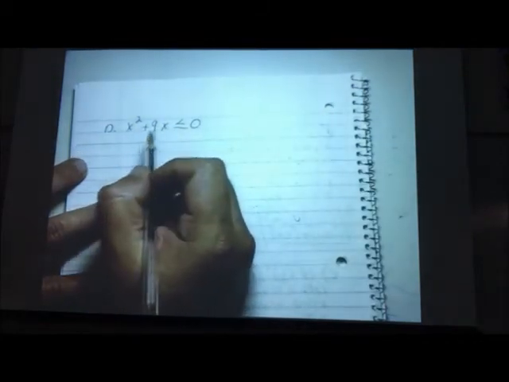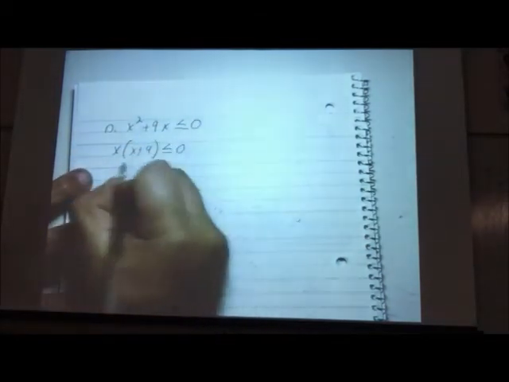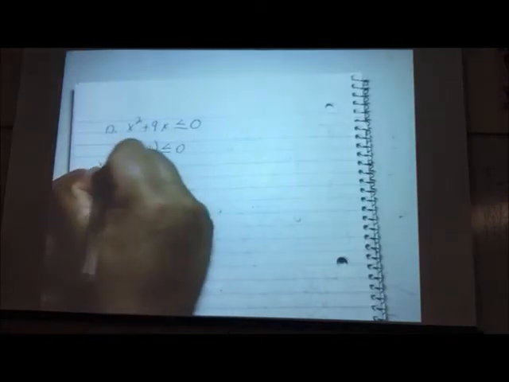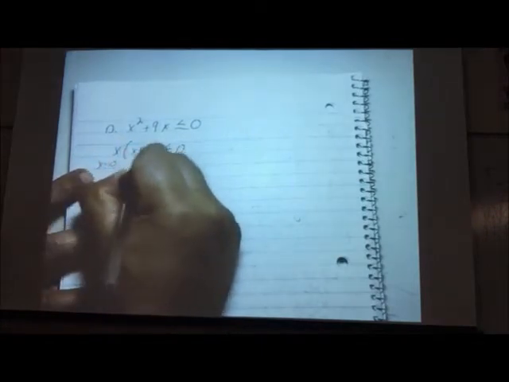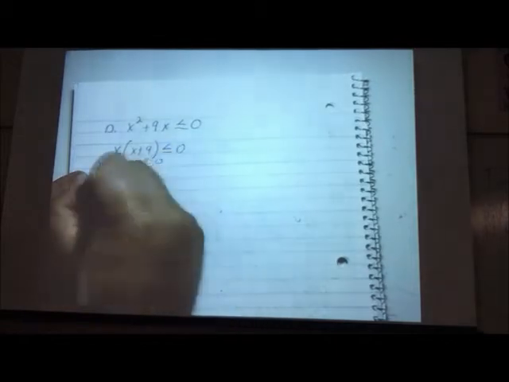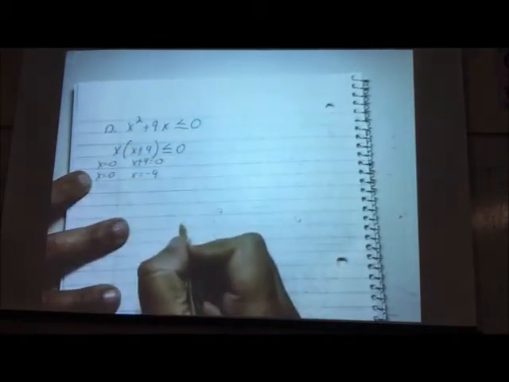Now here, we can factor because they both have a common factor. So we're going to factor out x. That leaves us with x times x plus 9, less than or equal to 0. Here, set x equal to 0, x equals 0. Set x plus 9 equal to 0, x equals negative 9.